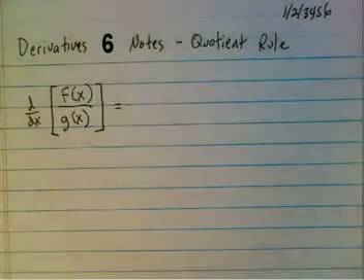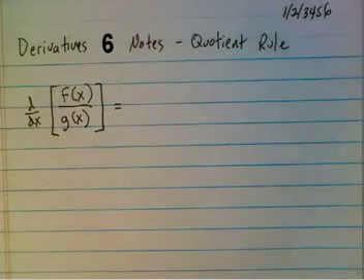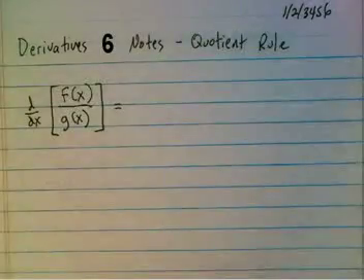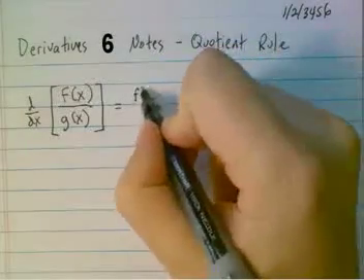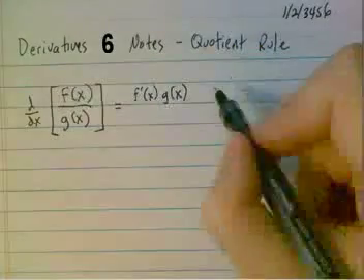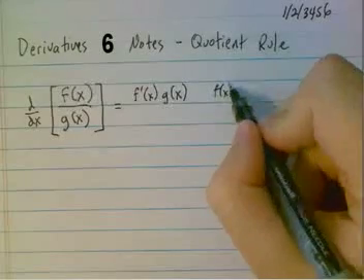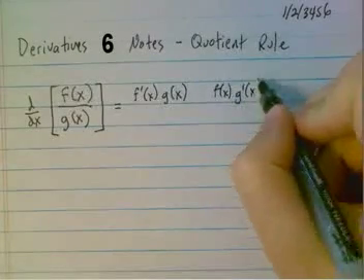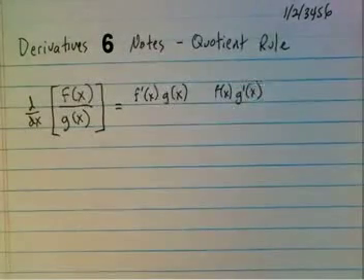and figuring out what it equals. And in this case, we've got a similar pattern with that f prime g and that f g prime. But instead of addition, we have subtraction.